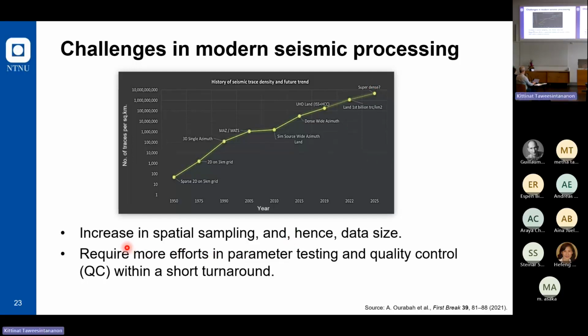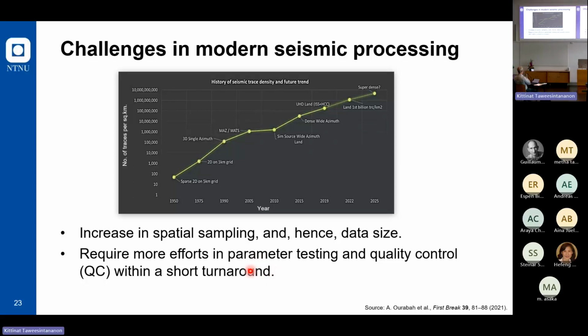That means it requires more effort in parameter testing and quality control, because we have limited manpower and computational tools. You need a lot of effort in parameter testing and quality control to optimize the seismic processing within a short turnaround. This is also the key: you need to do everything within a short turnaround.